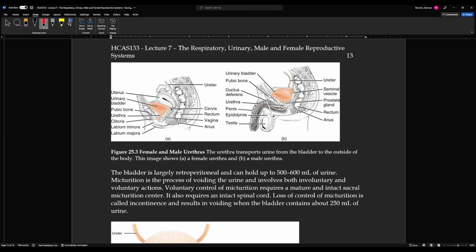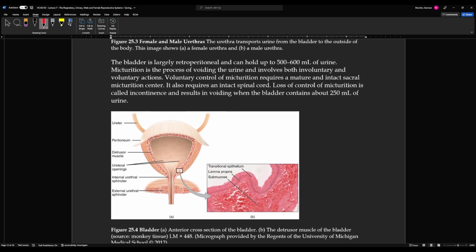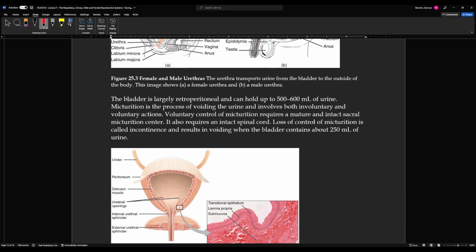It's the only place in the body where we have transitional epithelia, and it also has a kind of giant smooth muscle called the detrusor muscle, which works very well for something like a bladder where you need a muscle to squeeze out fluid. One big thing that is important for micturition, the term for the act of voiding urine, is that you need an intact spinal cord for this to occur.